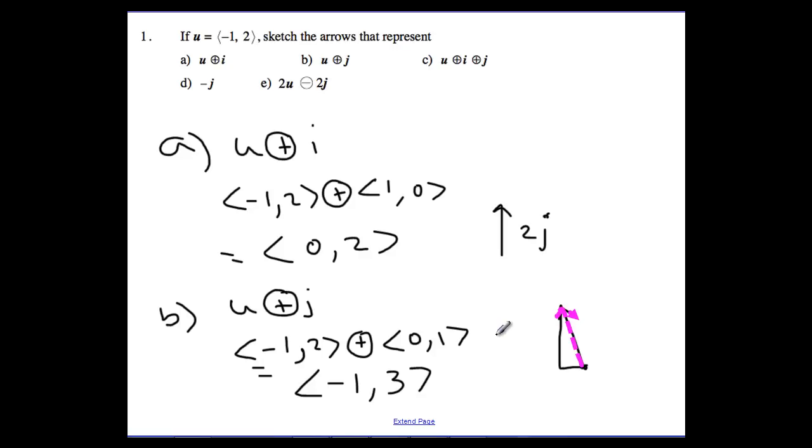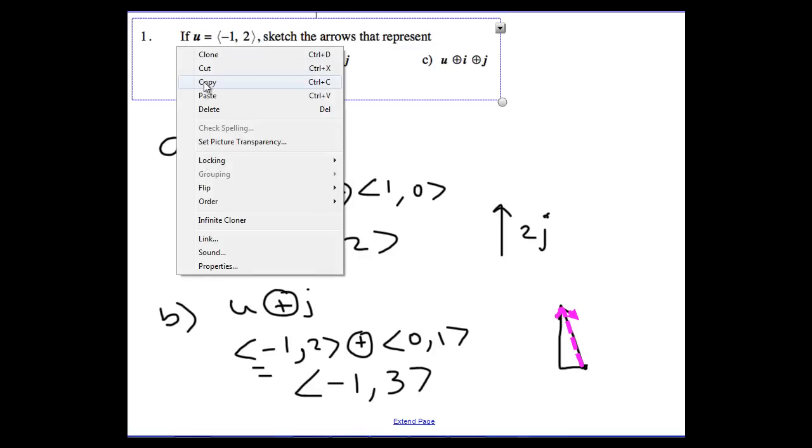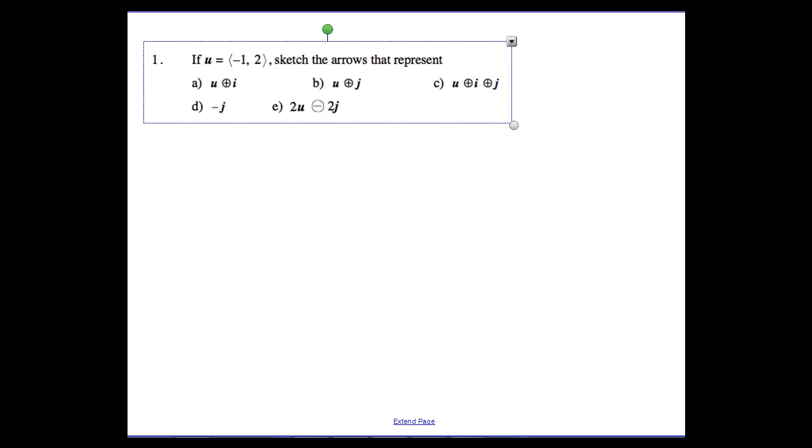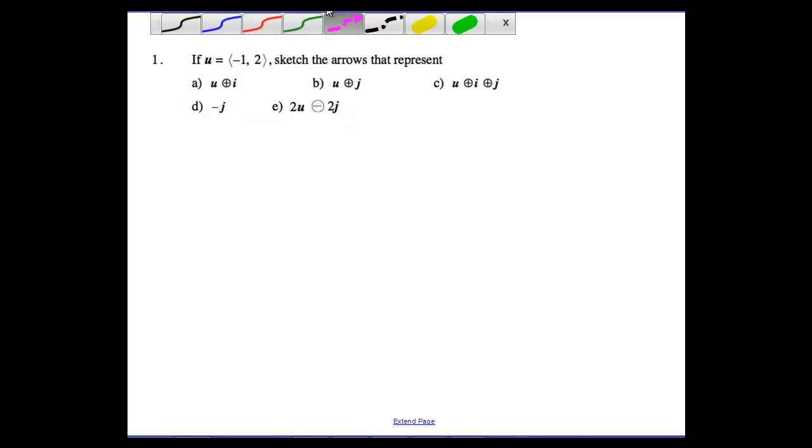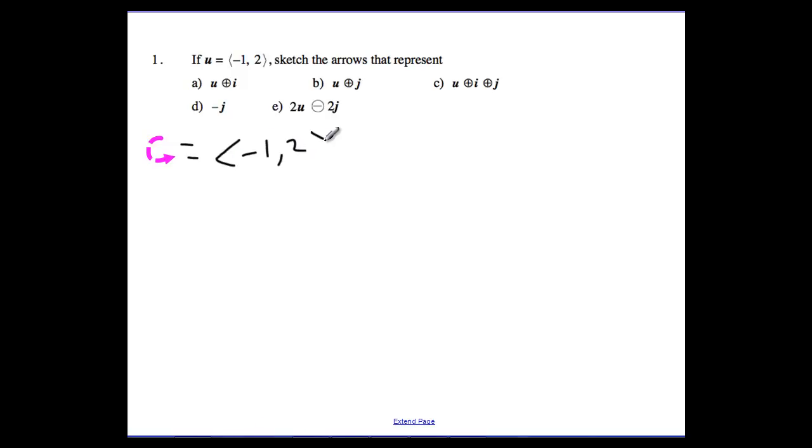Okay, what about the other ones? Let's put them on a different page just so it's a little bit easier to see. So in C, I have u plus i plus j. So u plus i plus j is negative 1 comma 2 plus 1 comma 0 plus 0 comma 1.